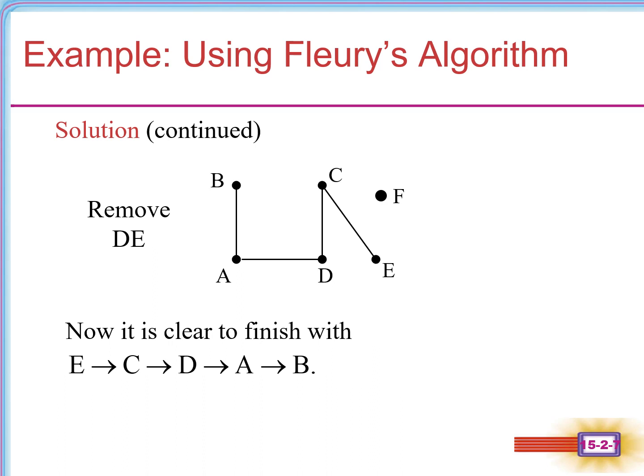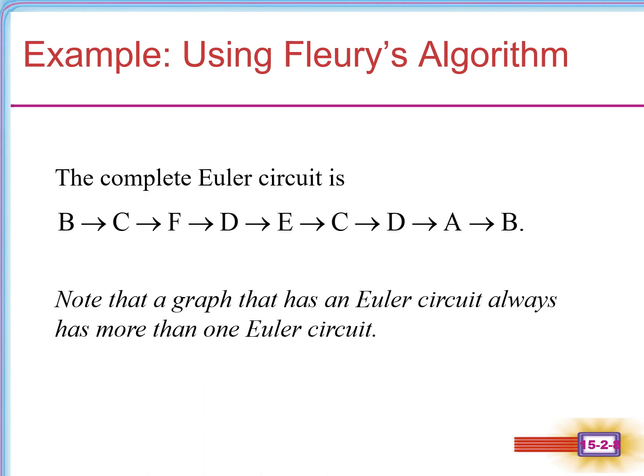Then you can remove CD, then DA and then AB. So this is the order in which you will be removing the edges.